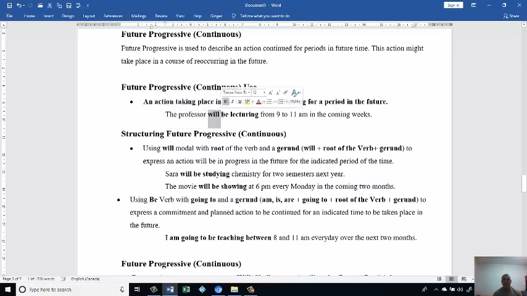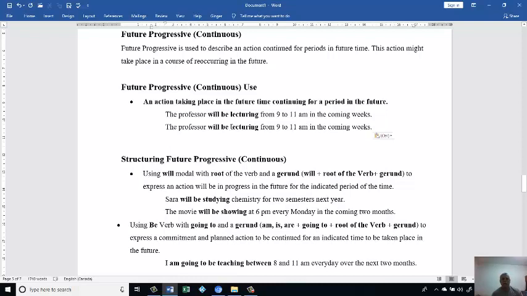After "will," we have the root of the verb, which is "be." But sometimes, if you remember, we said am, is, or are, then we switch it with "be." This "be" is like here, then we say "lecturing" is the continuous. If we look at the sentence here, let me copy it, then we make it clearer. Then we know how we got "be" from here.